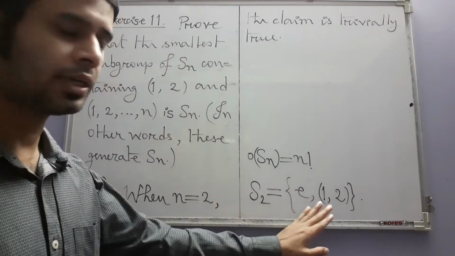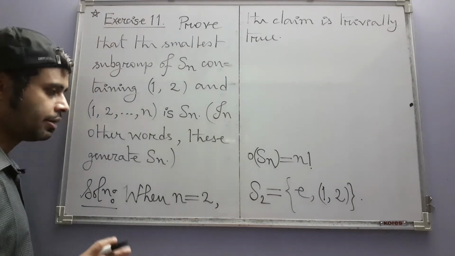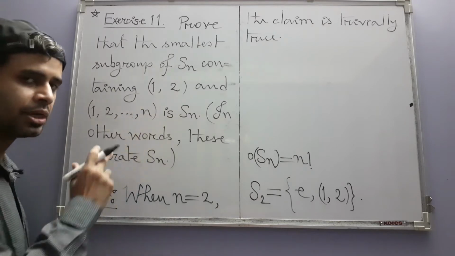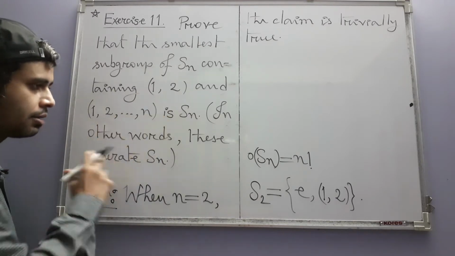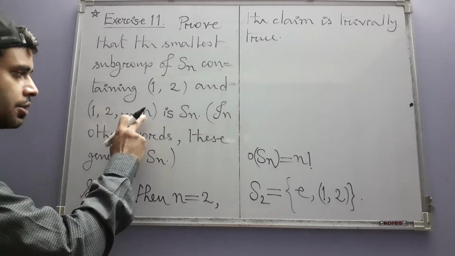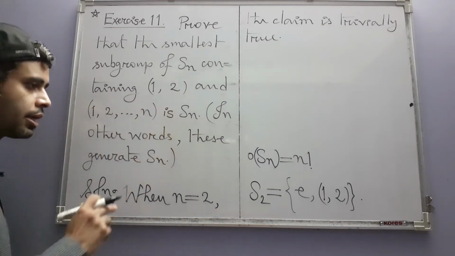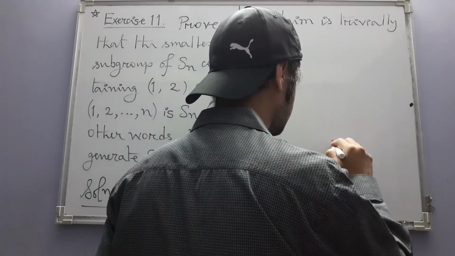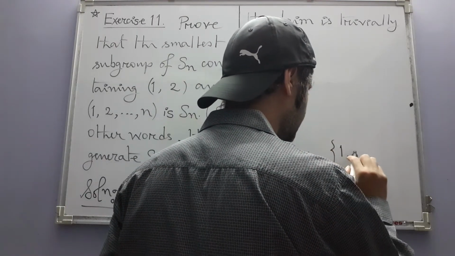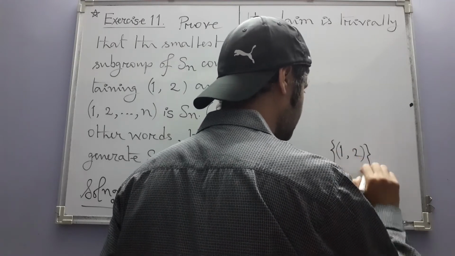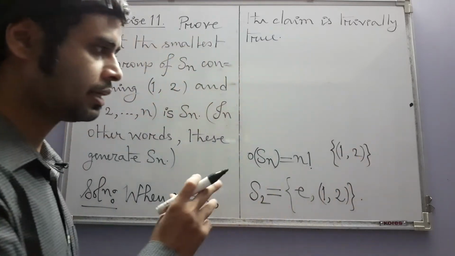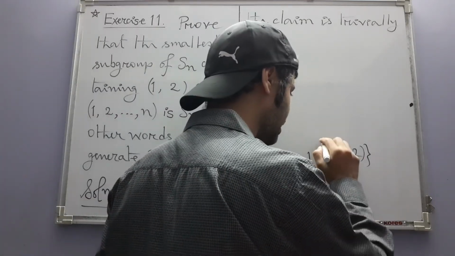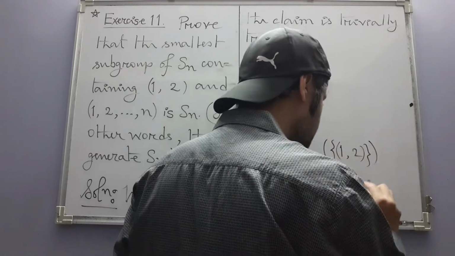It's an abelian group having 2 elements, and in this case you notice that the permutations mentioned in the exercise actually coincide, because n is 2, this n cycle and this 2 cycle become the same thing, and the subgroup generated by this sole element, or more technically, the subgroup generated by the singleton set having only that element, is of course S2.